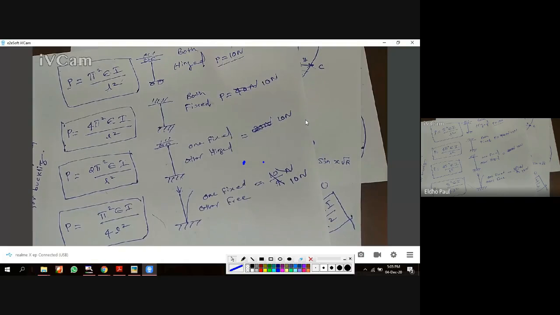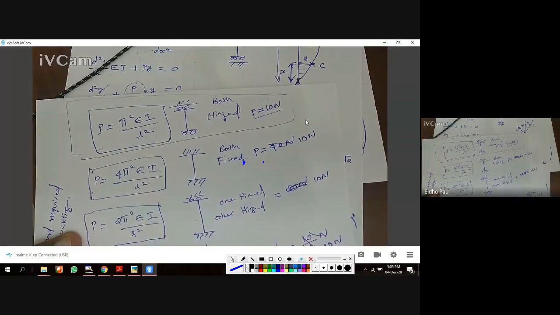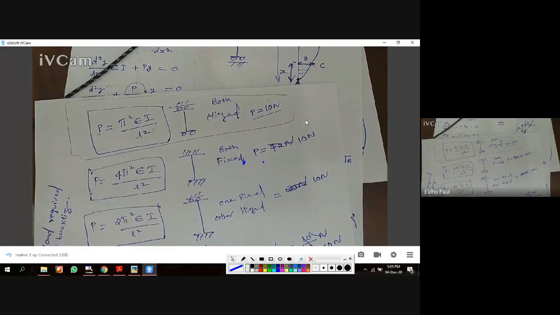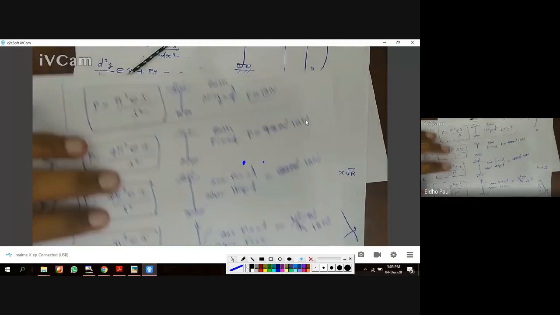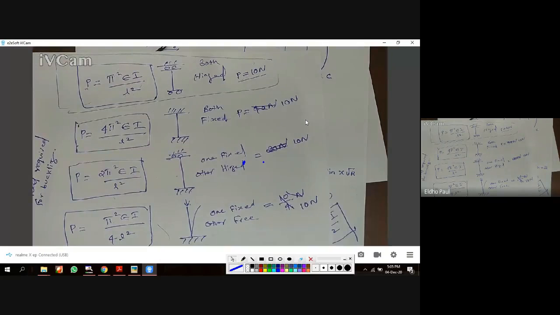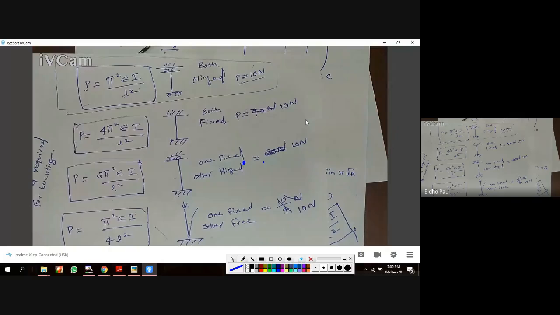Here I consider this as a reference. Hinged end is the reference. In the hinged end, I got 10 Newton as the buckling load. And for the remaining 3 end conditions, to maintain the buckling load as 10 Newton, what is the length of the column required?